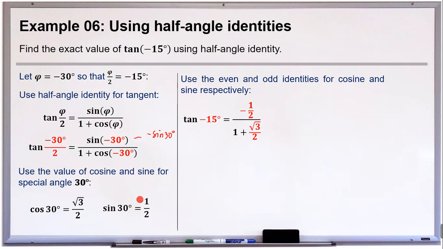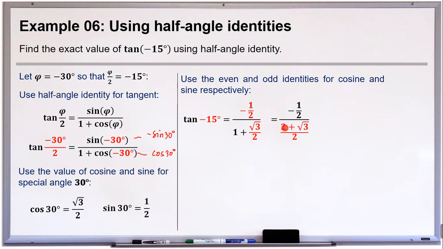And sine of 30 is 1 half, so we have here negative 1 half, because sine is an odd function. Next, in the denominator, the cosine of the negative angle is positive, so cosine of the angle. So cosine of 30 will give us square root of 3 over 2. That's why we have a positive value in the denominator.